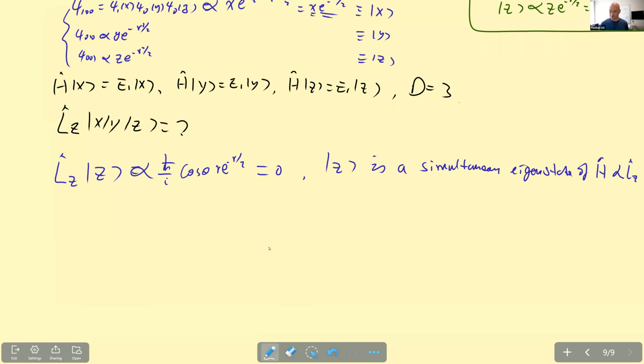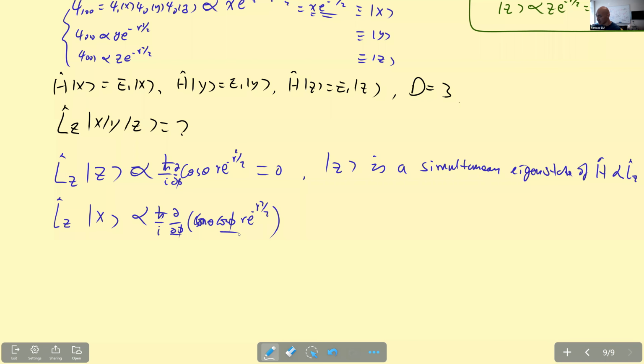And how about x? That's h bar over i partial phi. Now this one is sin theta cosine phi, and then r e to the minus r squared over 2. And now this phi derivative will give you minus sin phi.